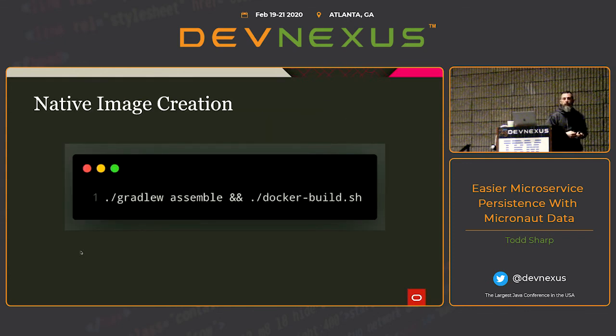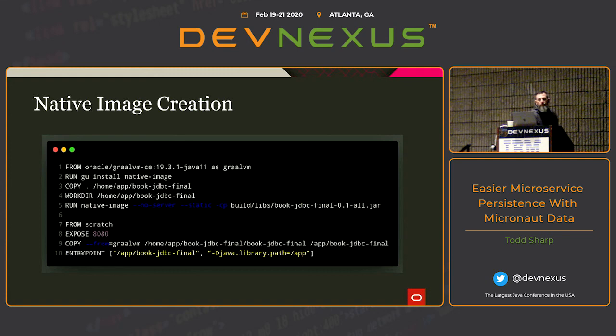And to do that with Micronaut data, you assemble your application into a jar, and then you run the Docker build bash script that comes out of the box scaffolded for you. And that will use this Docker file that you see here. It uses the Graal Docker image, on line 1 there, and it installs the native image plugin, and then it runs the native image and compiles a native image from your jar file.